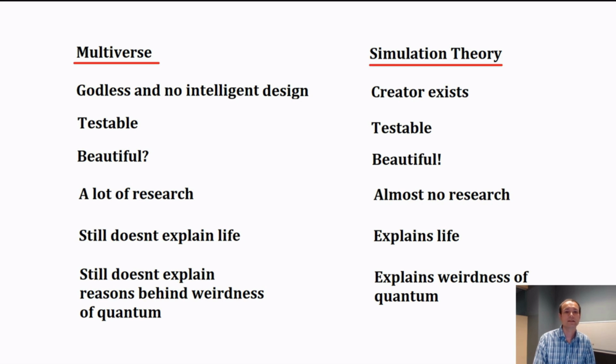Multiverse is godless and doesn't assume intelligent design. In fact, the whole idea of multiverse is that all these beautiful constants, the speed of light, the gravitational constant, and so on, were randomly matched to create this world, because there are many worlds, and out of these many worlds, this one turned out to be good randomly.